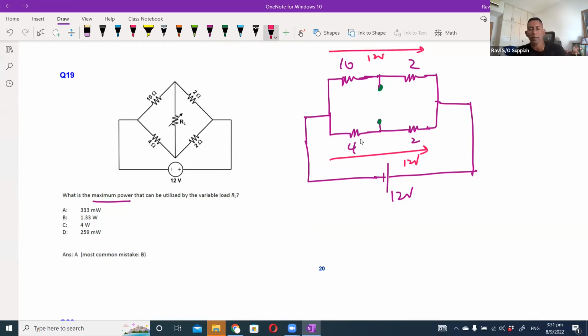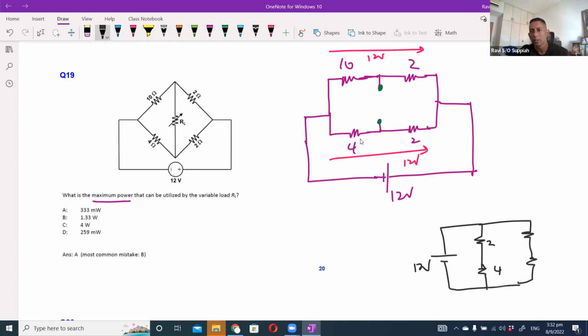If you want to redraw it in an easier way to see, it looks like this: 12 volt with 2 and 4, and 2 and 10. There are two parallel branches with 12 volt.